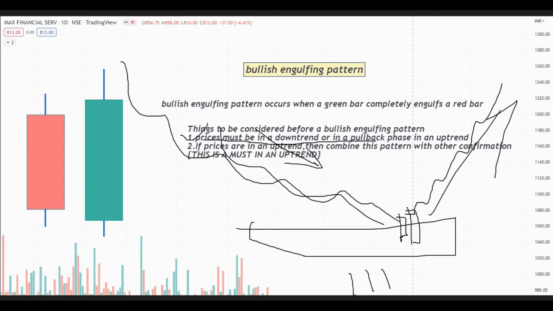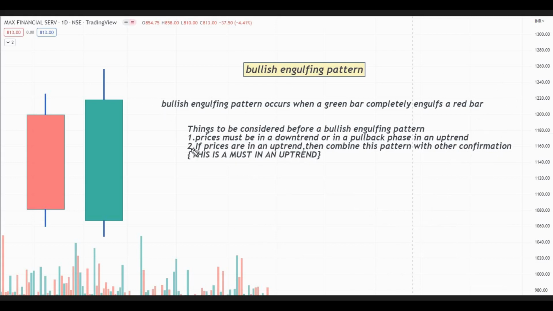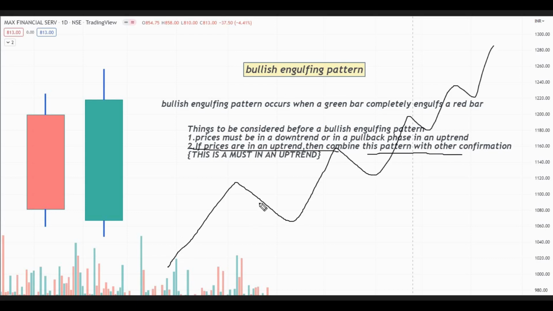And the second part is, if prices are in an uptrend, then we should combine the bullish engulfing pattern with other confirmation in the markets. See, if prices are in an uptrend and then a bullish engulfing pattern occurs, we should always combine it with market structure, volume and also the strength of the trend.